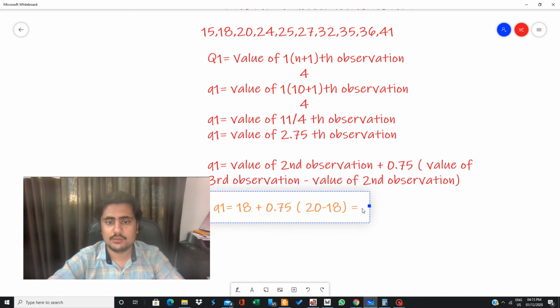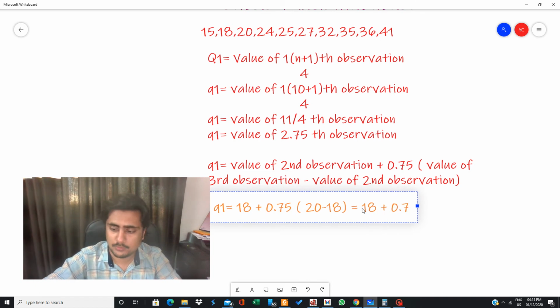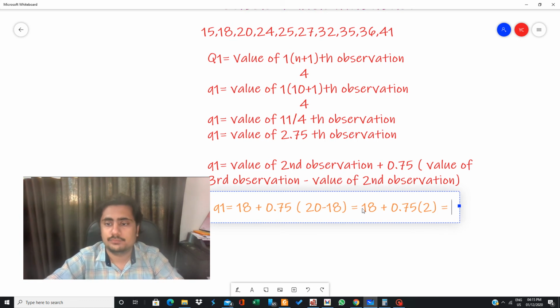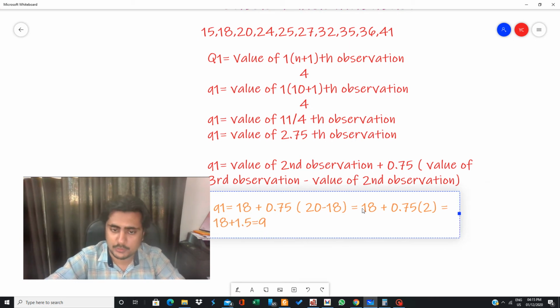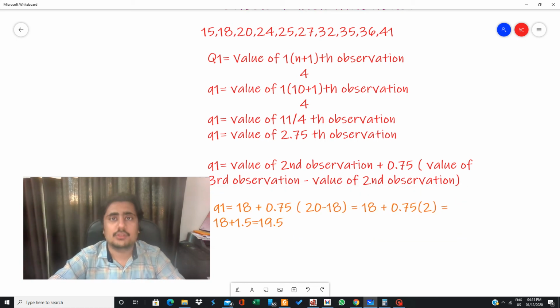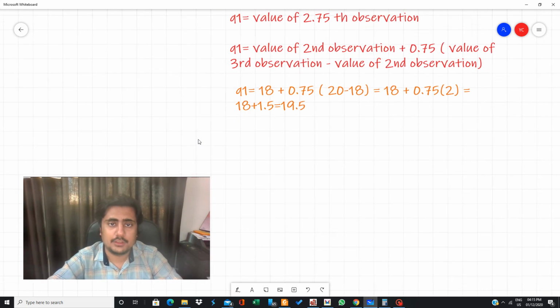So this is 18 plus 0.75 into (20 minus 18, which is 2). It is 18 plus 0.75 into 2, that is 1.5, so 19.5. Now this is Q1. In the same way I have to find Q3 also.